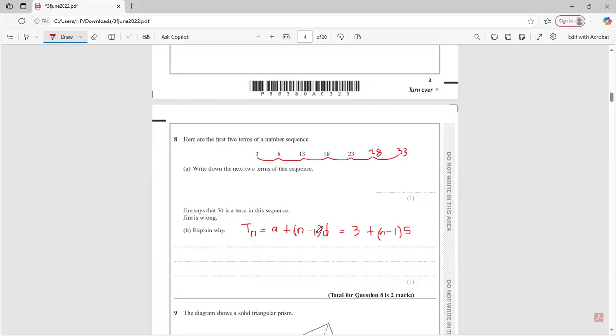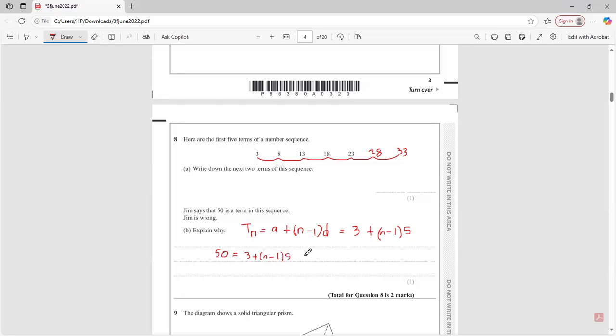For me to prove that 50 cannot be a term in this sequence, we first have to assume that if 50 is a term in this sequence, then we should be able to say 50 equals 3 plus (n minus 1) times 5, and see if that's a possibility.